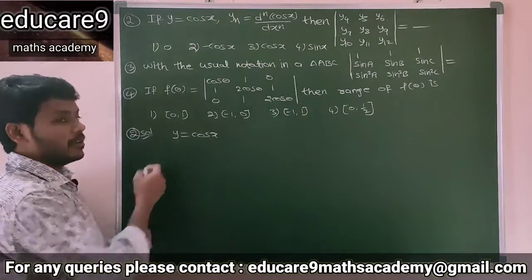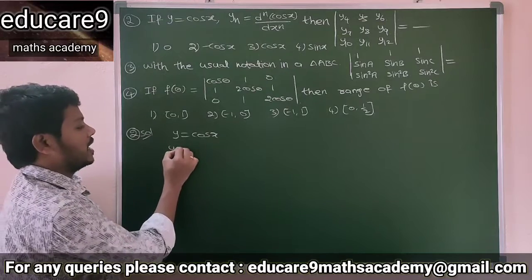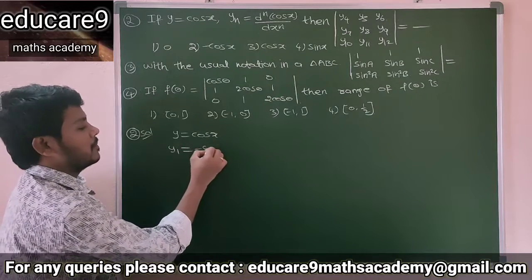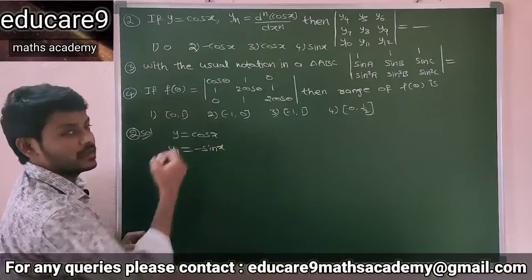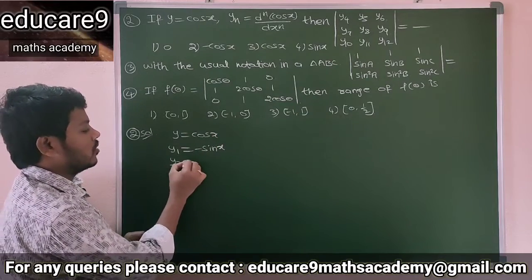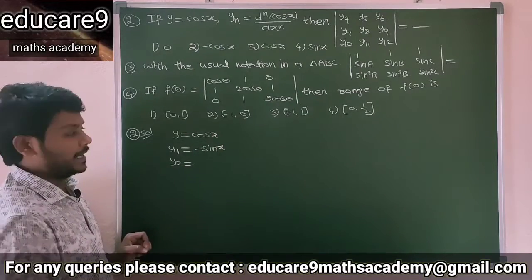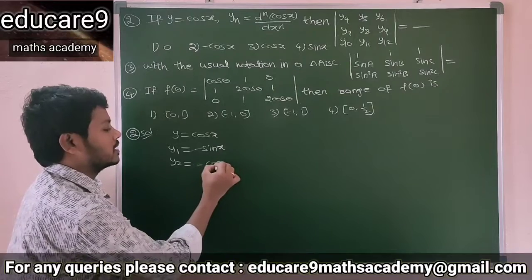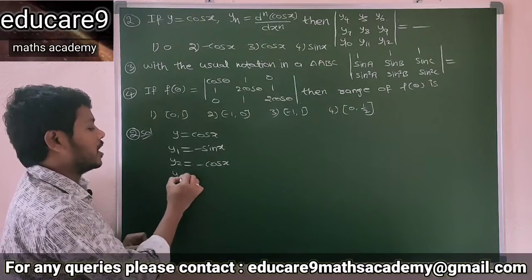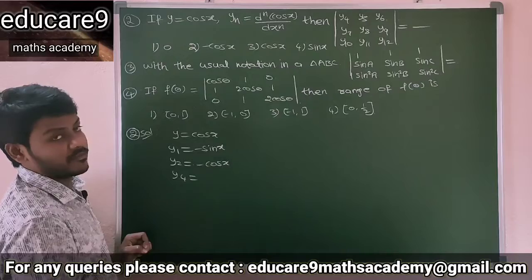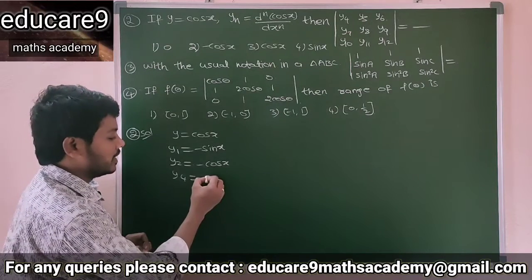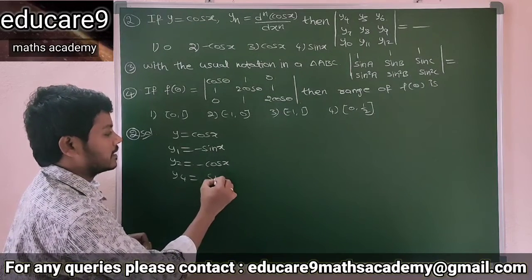What is y1? The derivative of cos x is minus sin x. And what is y2? The derivative of minus sin x, that is minus cos x. And y4 is what? The derivative of minus cos x, that is sin x.